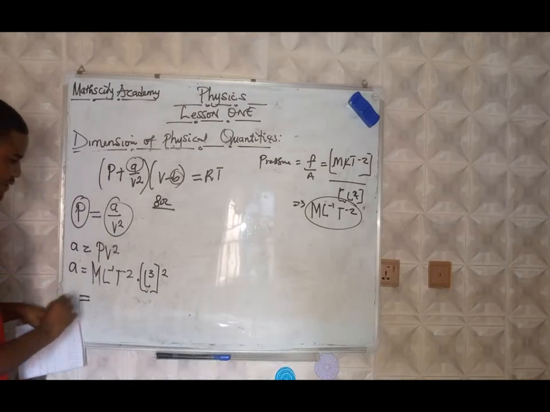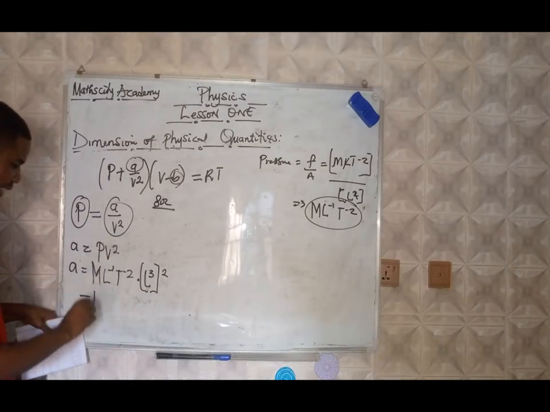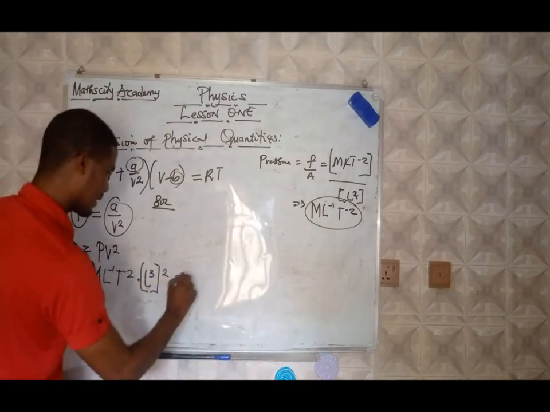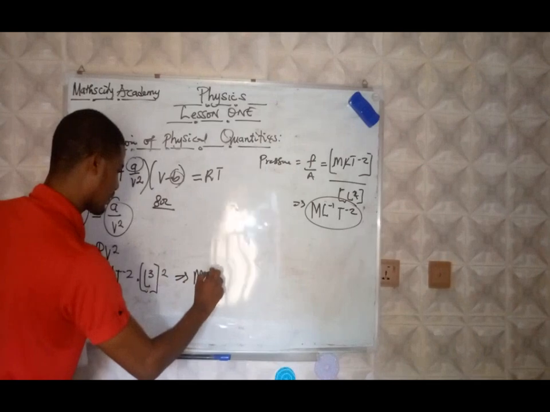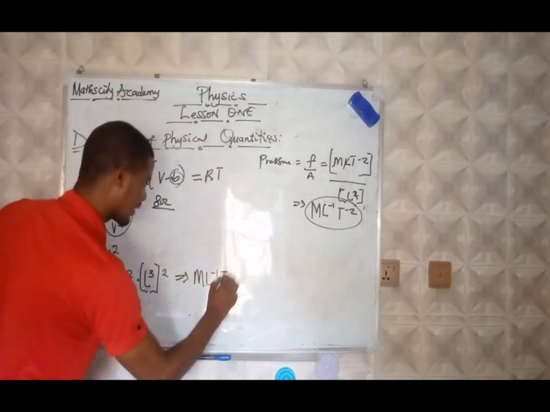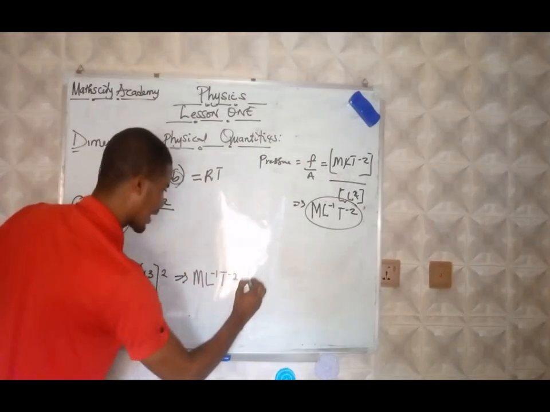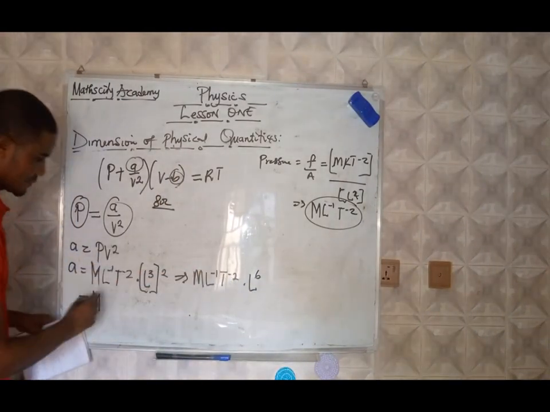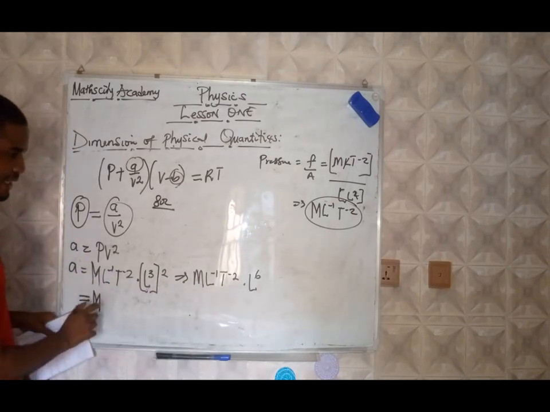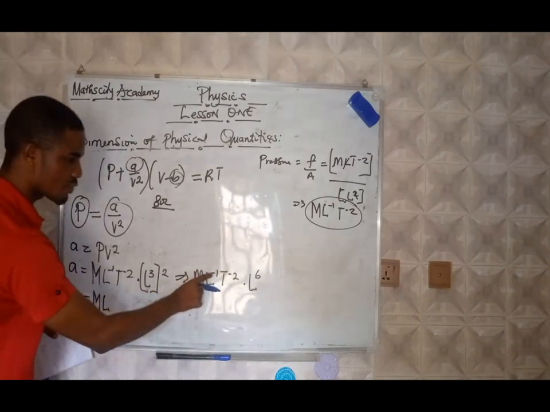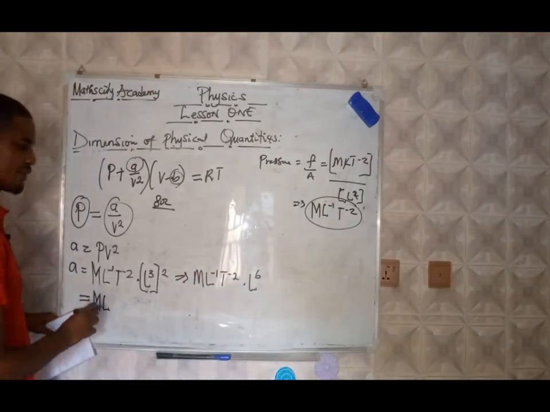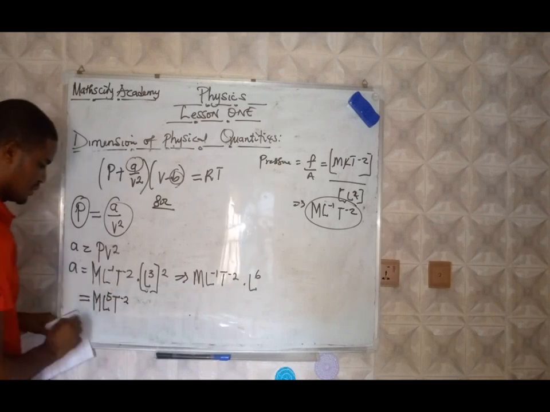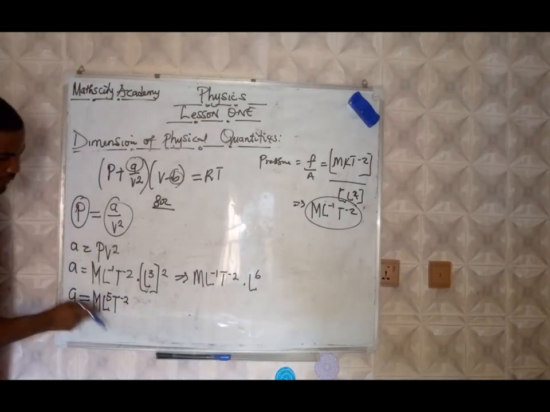So we have M L to the power minus 1 T to the power minus 2 times L to the power 6. I believe we understand that 3 times 2 is 6. This is now simplified as M, L to the power minus 1 plus 6 gives 5, then T minus 2. This becomes the dimension for A.